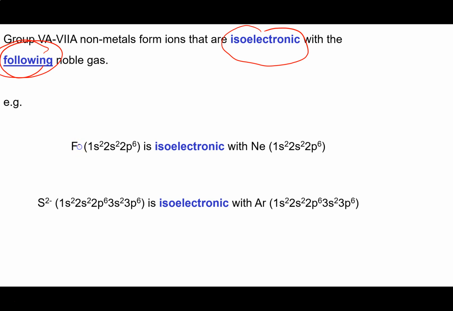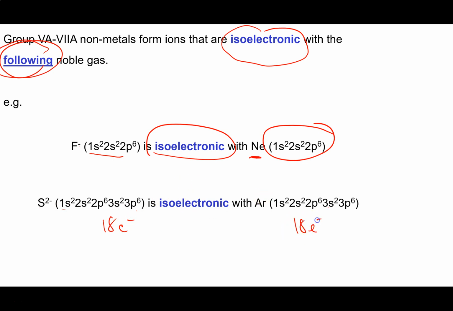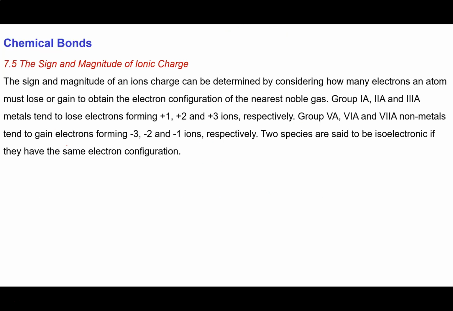So here's fluoride, F minus, it has 10 electrons, that's going to be isoelectronic with neon that also has 10 electrons. Here's the sulfide anion, has 18 electrons, that is isoelectronic with argon, which has 18 electrons. Argon comes after sulfur, neon comes after fluorine.